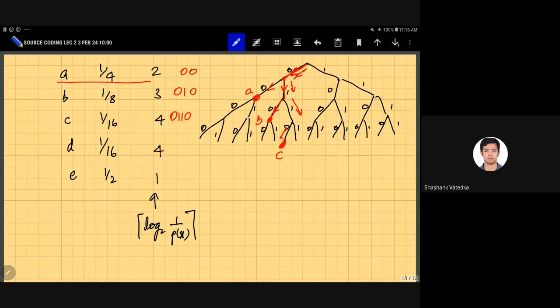Okay, let's look at this for D. So go to the left, go to the right, go to the right, and go to the right again. So this gives me the code word for D. So it is 0111. And E has a code word of length 1. So I can go one step to the right and choose this as my code word. The code word will be just 1.